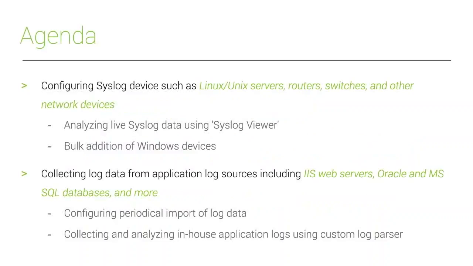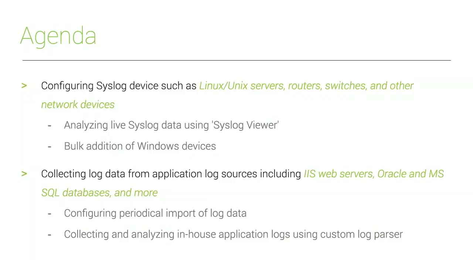As I had specified in our previous workshop, this week we'll be discussing the configuration of Syslog devices and application log sources. When it comes to instantly detecting and preventing network intrusions, monitoring of network devices and the perimeter security devices plays a very vital role.